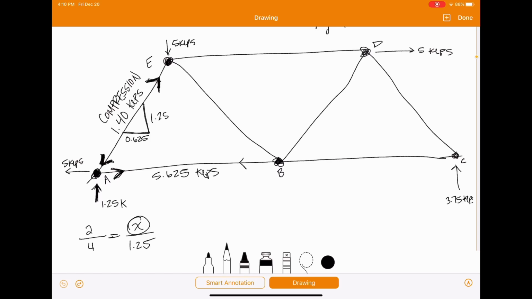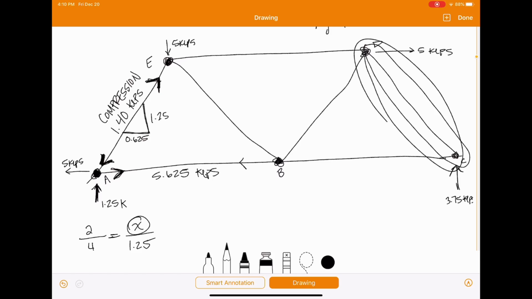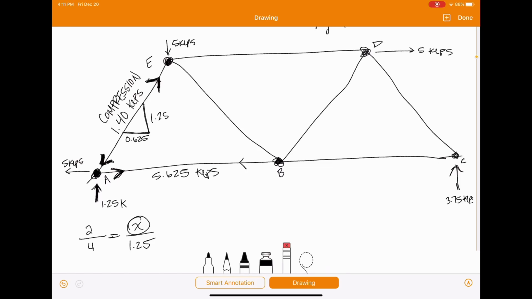But if they asked for, say, CD, you wouldn't want to start at A because then you'd have to work all the way around. But you could start at C, and you would be able to find that in like one step. So just be aware that there are things you can do to make the problem go quicker.